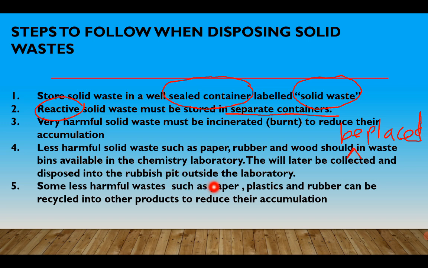You cut them nicely and use them as beakers, or you can melt them and turn them into atomic models, and many products you can make. So those wastes that are less harmful or harmless, such as papers, plastics, and rubber, can be recycled. The advantage of recycling is that it will reduce their accumulation, the increase in their volume.